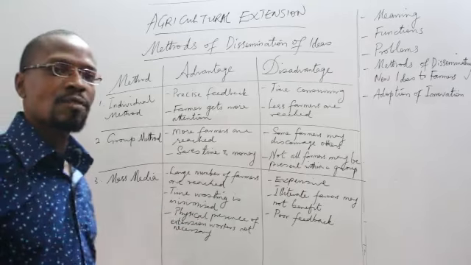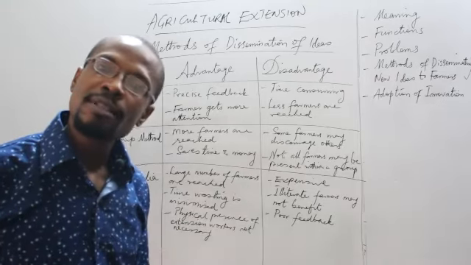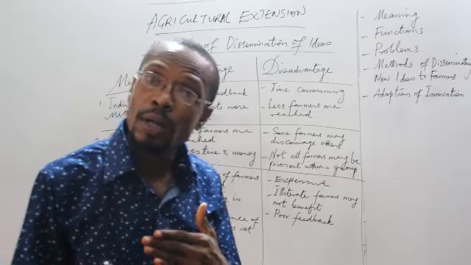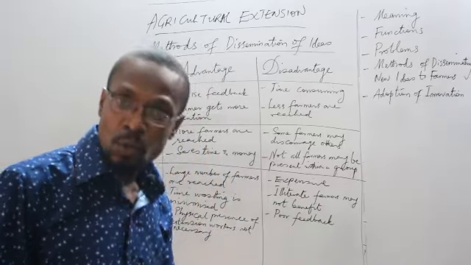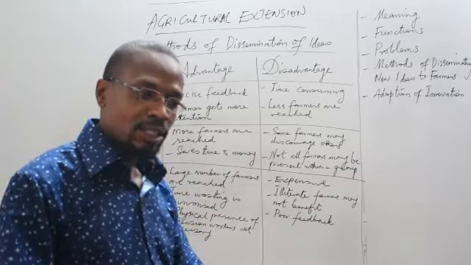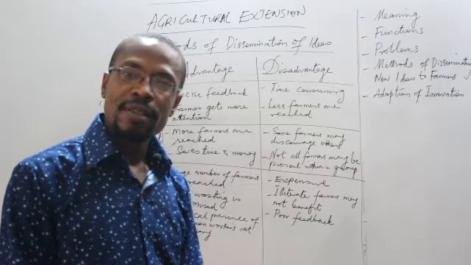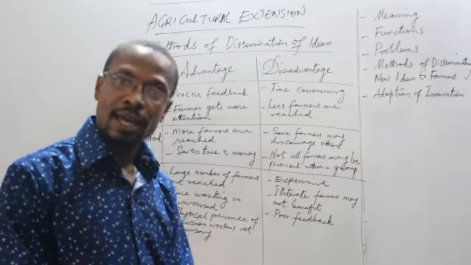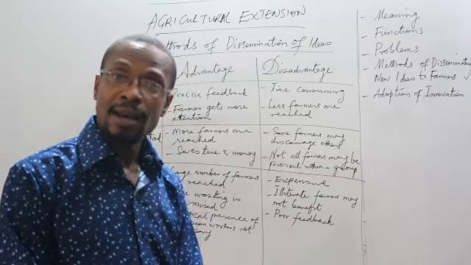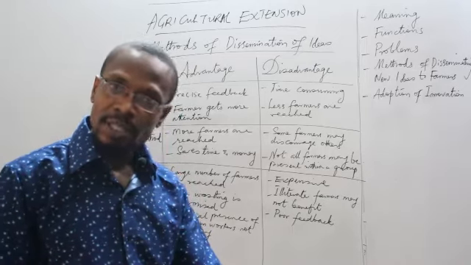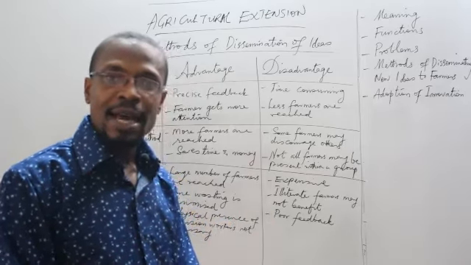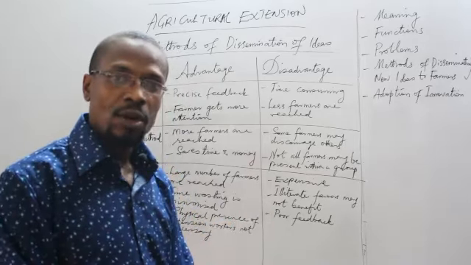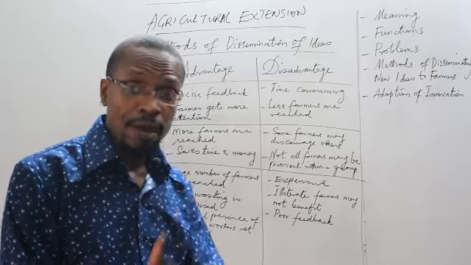What are the advantages of the individual method? The individual method simply talks about the one-on-one method, where one extension worker or more than one extension worker gets to sit down with one farmer at a time, and then discuss the new methods to be disseminated, and also get feedback from the farmers.